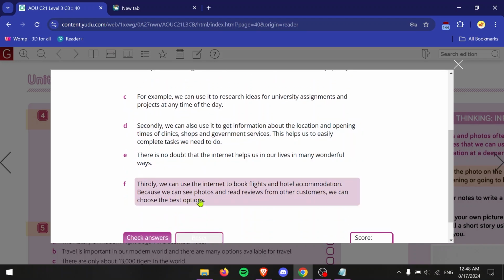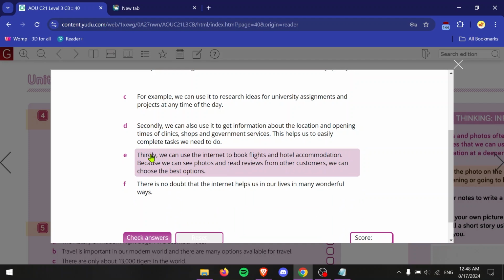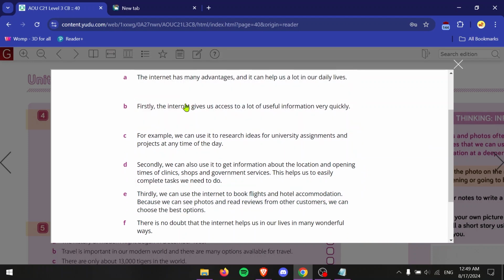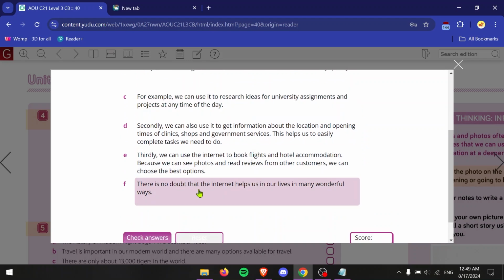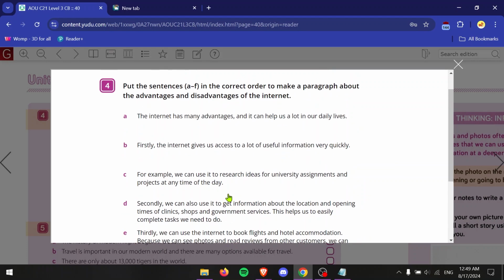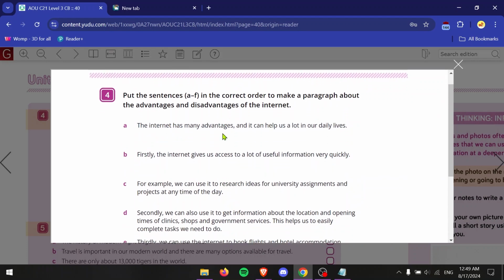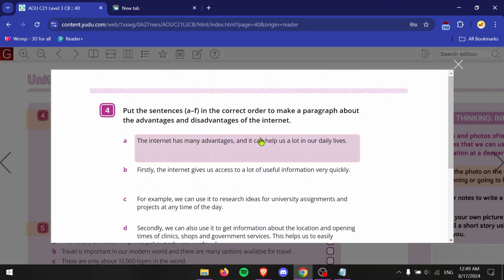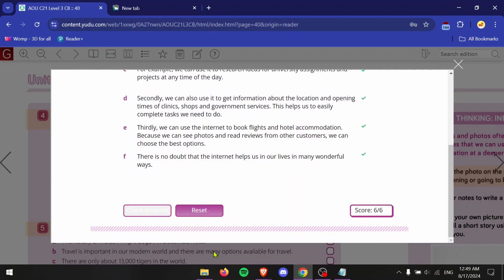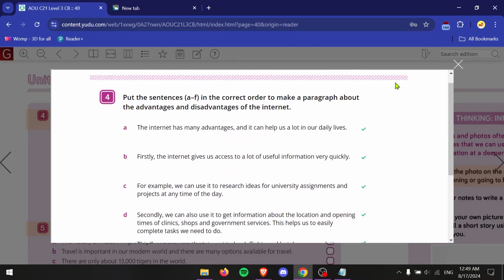And then after that, thirdly comes in: we can use the internet to book flights and hotel accommodation because we can see photos and read reviews from other customers. We can choose the best options. And then after the main body is done, it ends with the conclusion. There is no doubt that the internet helps us in our lives in many wonderful ways. So these are some of the advantages of the internet, and this is the paragraph. Here you go.